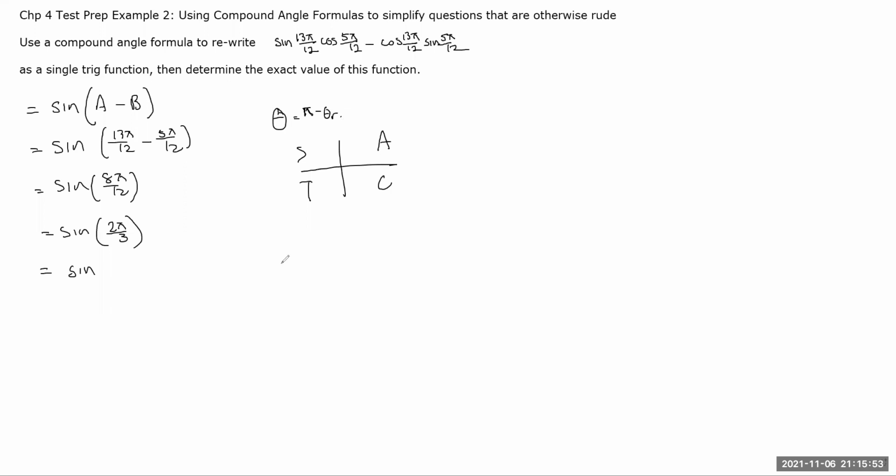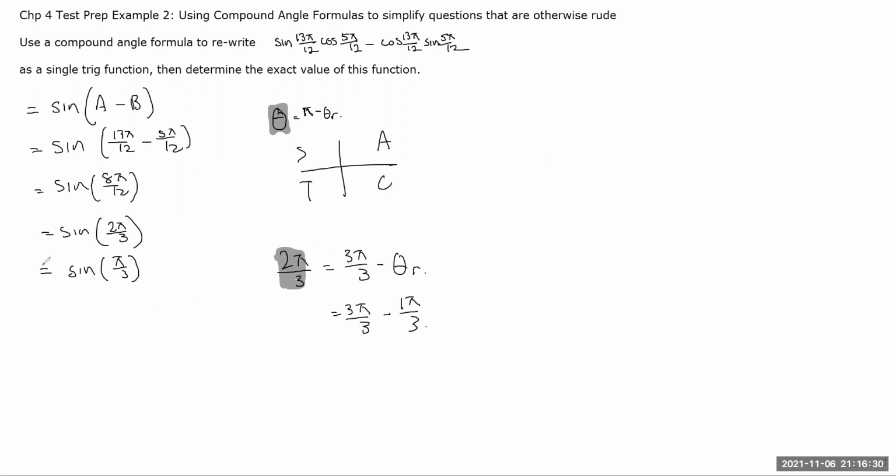So if 2 pi over 3 is equal to 3 pi over 3 minus the related angle, the related angle is going to be 1 pi over 3. In other words, sine 2 pi over 3 can be rewritten as just sine pi over 3 using the CAST rule, right? In case you weren't following, the angle that is given is essentially the same as pi minus the related angle, and we can use a related angle based on the CAST rule.